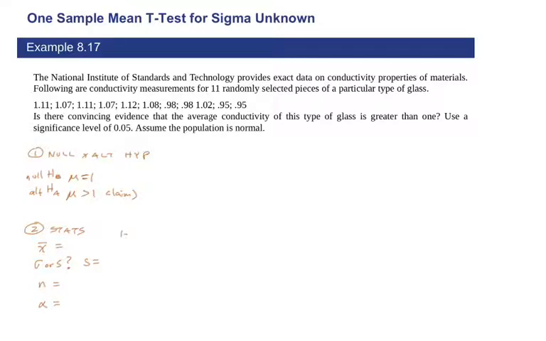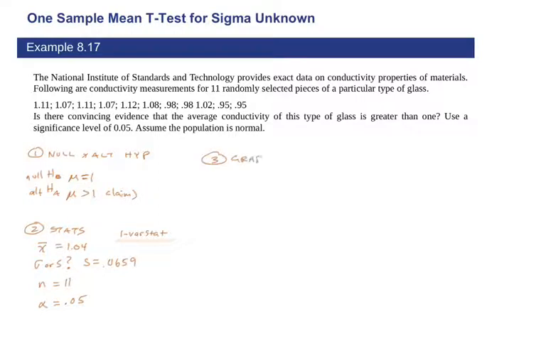The way we're going to get the sample mean and sample standard deviation is we're going to run a one var stats. We're just going to put all of this into a list and run that. When we do, we get about 1.04, and our sample standard deviation is about 0.0659. Our sample size is 11, and the alpha is 0.05 in this case.